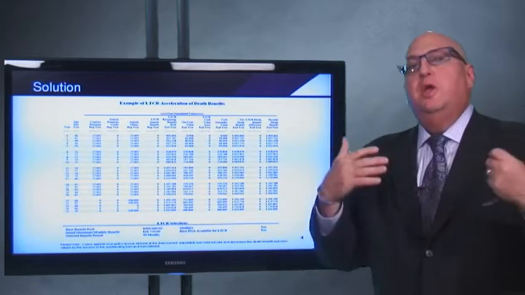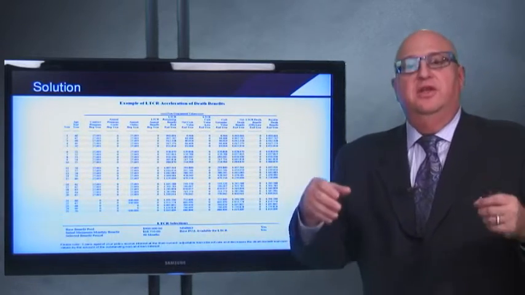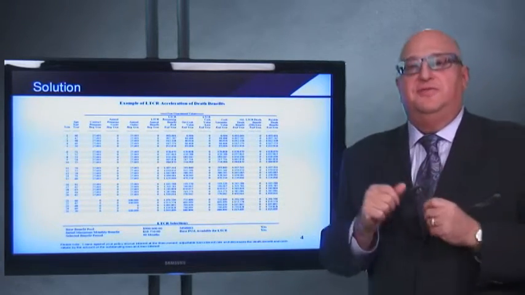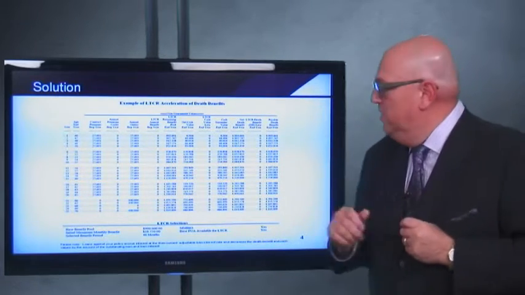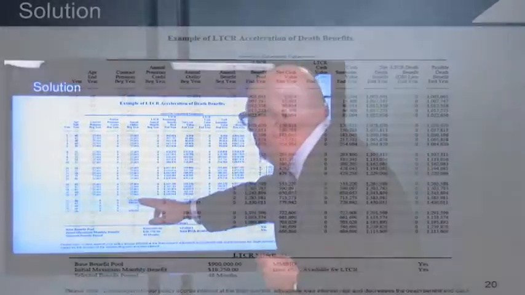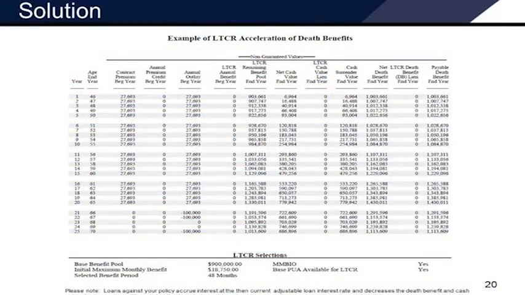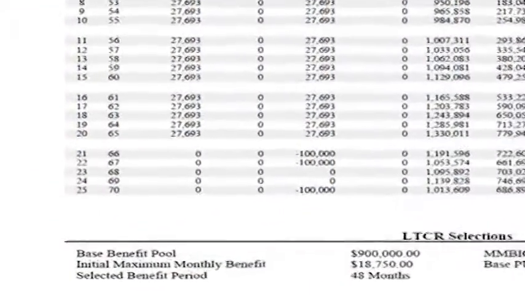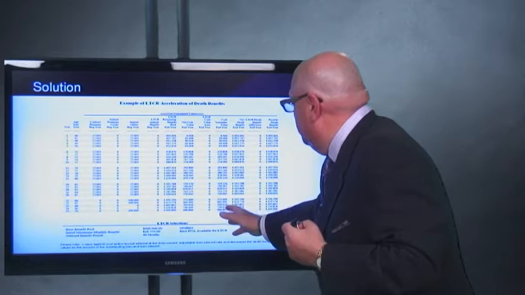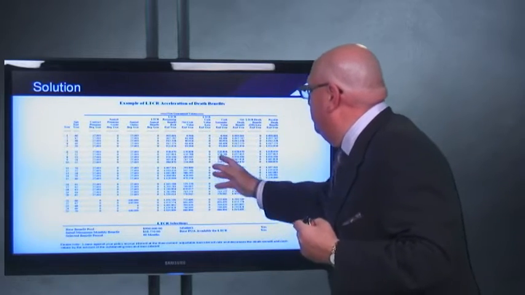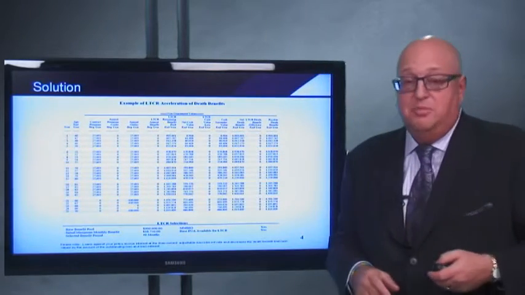So in the scenario we went over earlier, the client was withdrawing $150,000 so that he could net after tax $100,000. We're withdrawing in year 21, or age 66, age 67, and age 70, $100,000 tax-free out of the policy. And even after those withdrawals, there's still plenty of cash value, plenty of death benefit, and plenty of long-term care benefit as well.